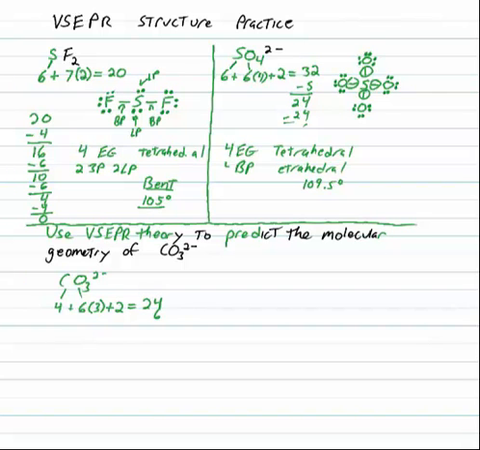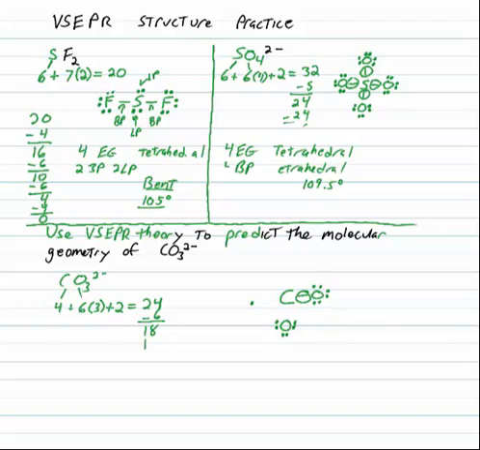First non-hydrogen atom is my carbon. Attach everything to it with a single bond. That used 6. I have 18 left. 6 will get used here, 6 will get used here, and 6 will get used here.